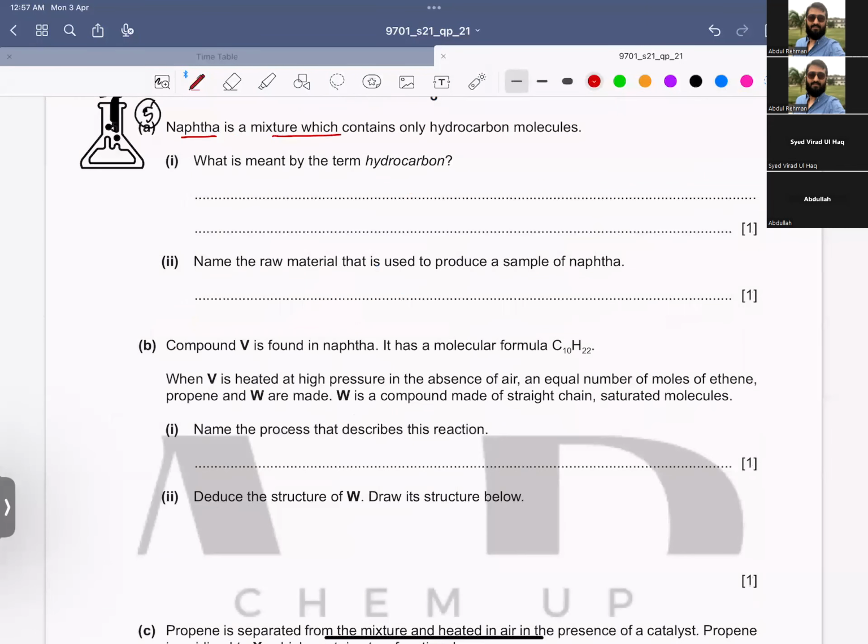Naphtha is a mixture which contains only hydrocarbon molecules. What is meant by the term hydrocarbon?